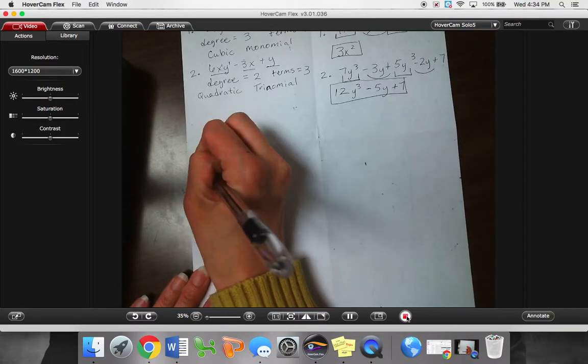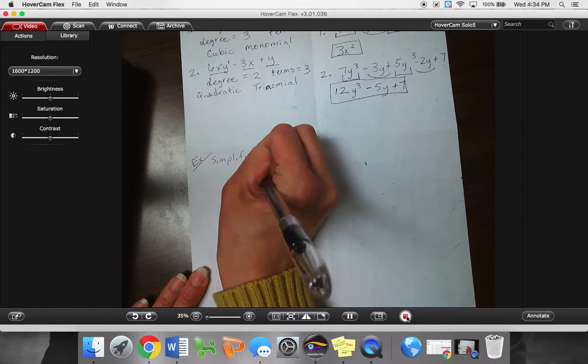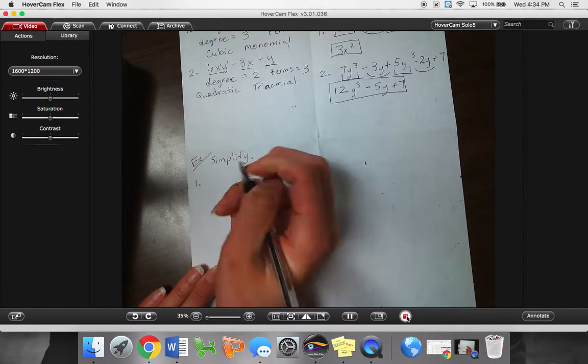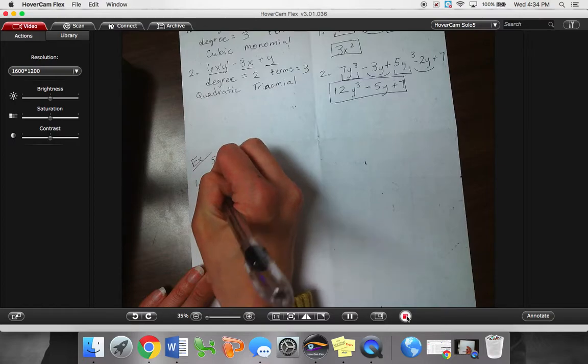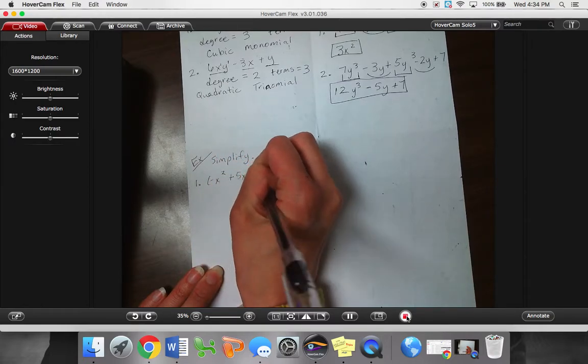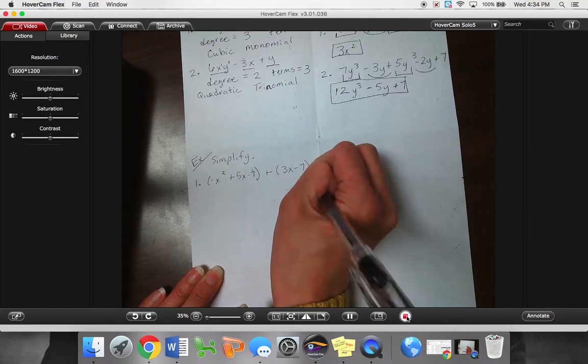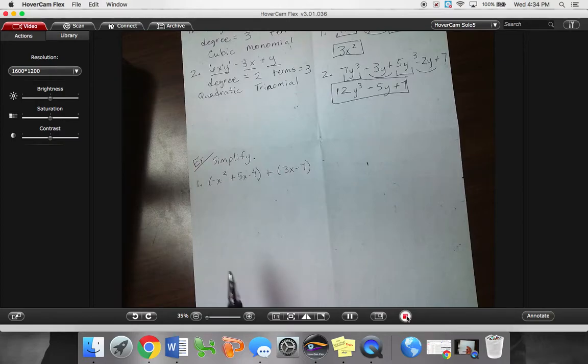The next example is going to have the direction: simplify. Number 1, negative x squared plus 5x minus 7, plus 3x minus 7. Okay, so this is still just combining like terms.